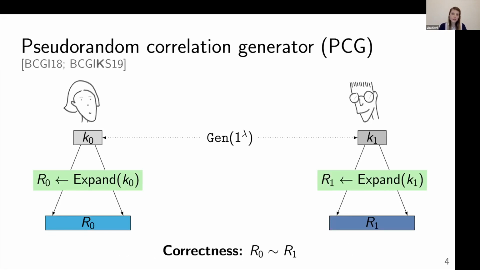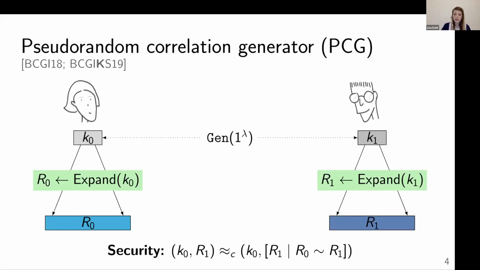And what is a bit more difficult to get is how to define security. So as I said, we want to use that for secure computation. So maybe the most straightforward or the most desirable notion would be to get a simulation-based security notion, but this turns out to be impossible.